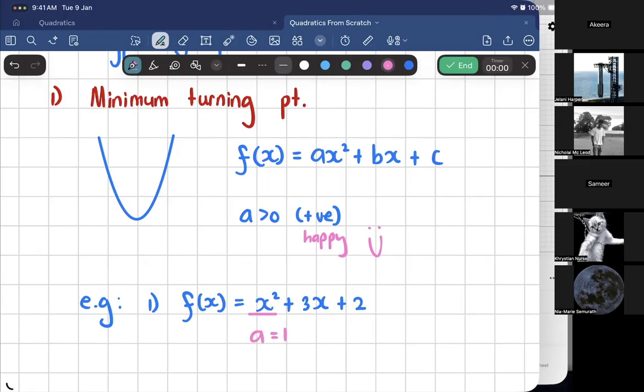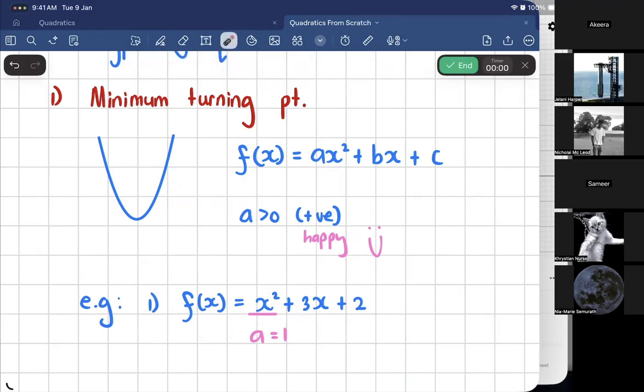If you can't tell me that, tell me no. I know we're not seeing a 1, so you might be confused, but Nia, do you know why a is 1 over here? Because Nia, if I was to ask you how much x squared you're seeing, how much would you tell me? 1. Yeah, so a is 1. Christian, how much x squared are you seeing? Just 1, so a is 1.